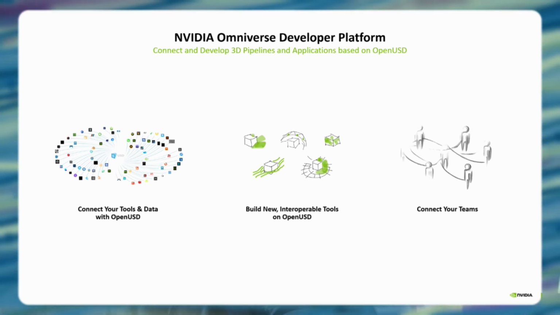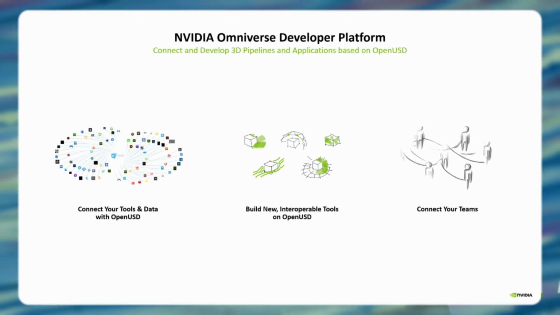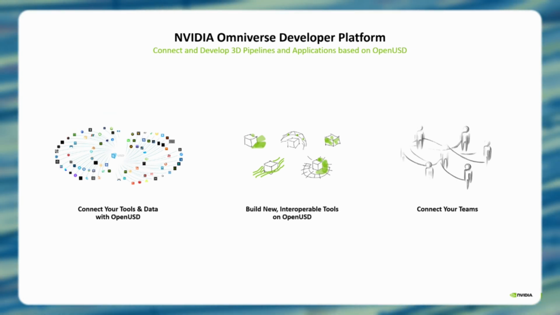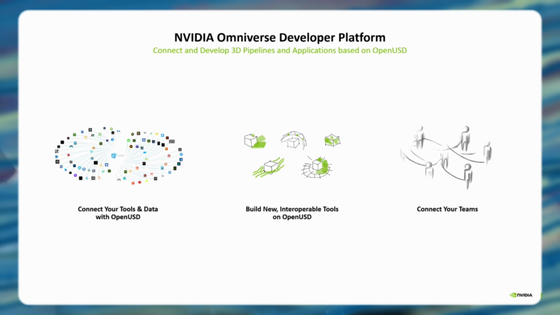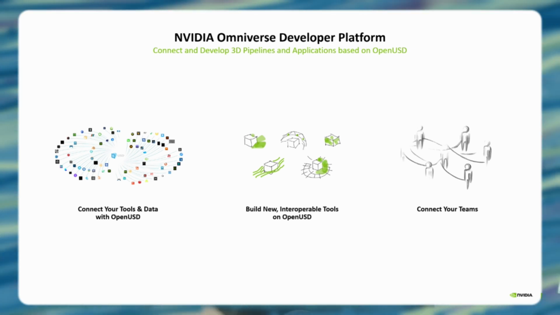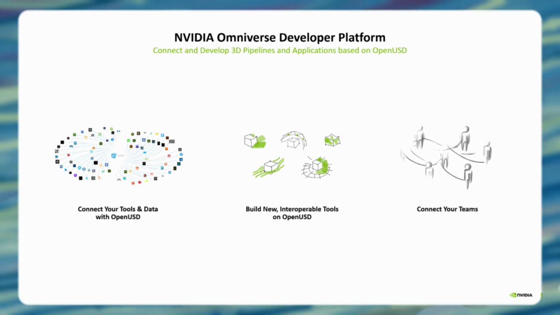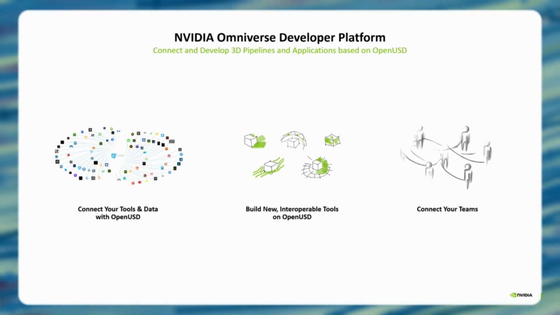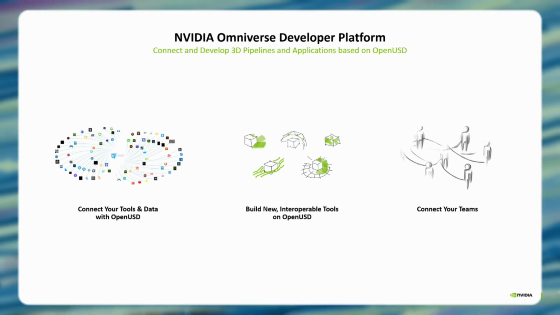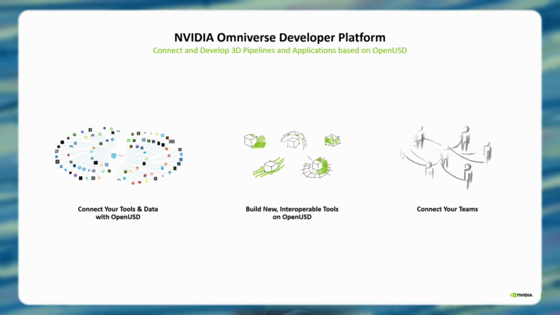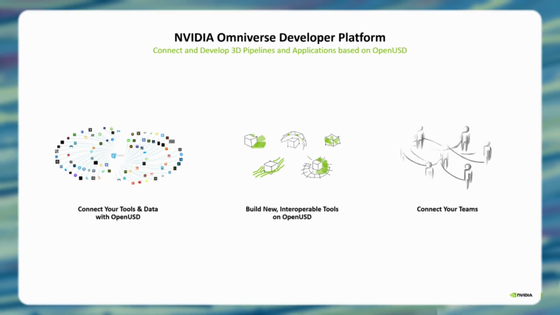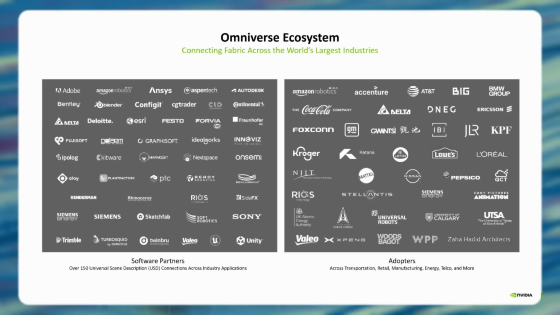Maybe there's a specific tool you need for a modeler and another tool you need for the person that's getting all of the camera feeds so that you can train up your robots on video. But it's the same data infrastructure, but with bespoke tools on top of it. And then finally, you can connect your teams. You can allow them to collaborate and work together and make decisions together in this sort of space.